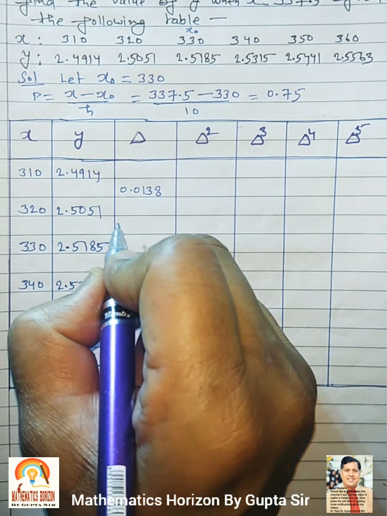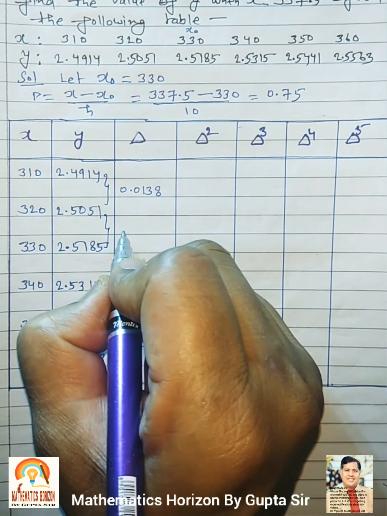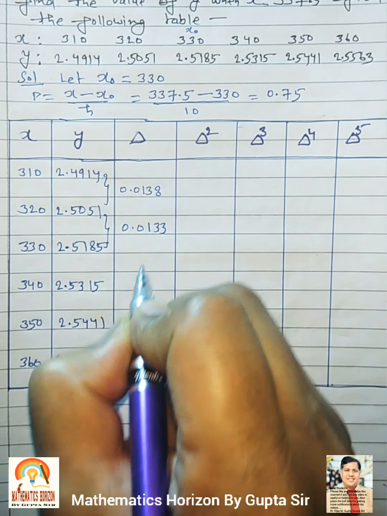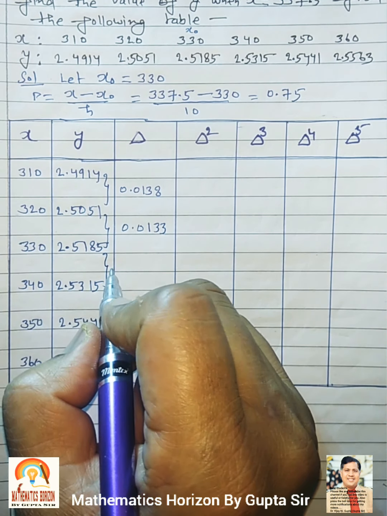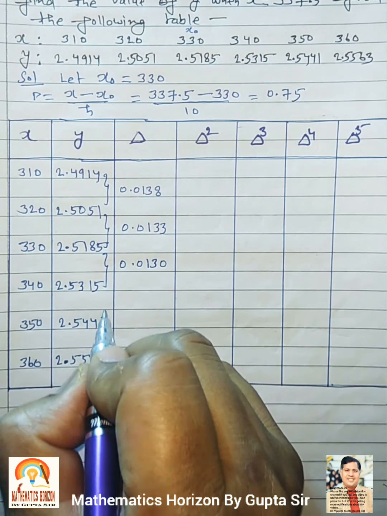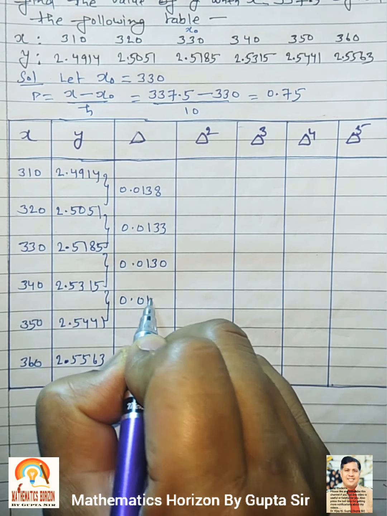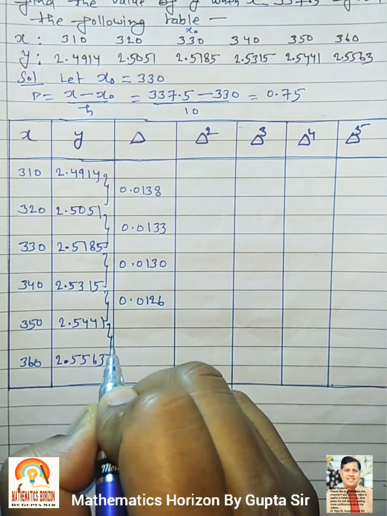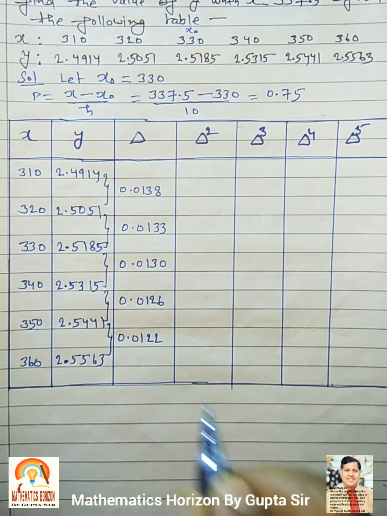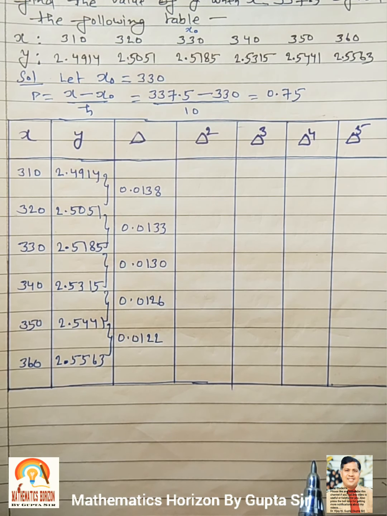Differences of these two will be this, and then 0.0133, 0.0130, 0.0126, and 0.0122. Okay, these are the differences of first order.